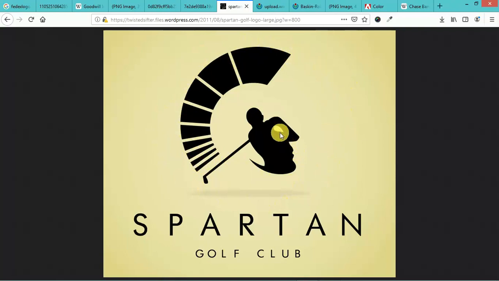So the negative space in between the golfer's swing and the crook of his arm makes the nose and all that. This is a little stylized right here. Like here and here, they took a little liberty. But basically, they took the silhouette of a golfer and added these motion lines here to make a Spartan helmet. So I think that's a clever logo.